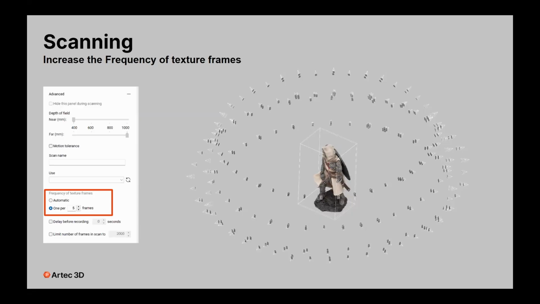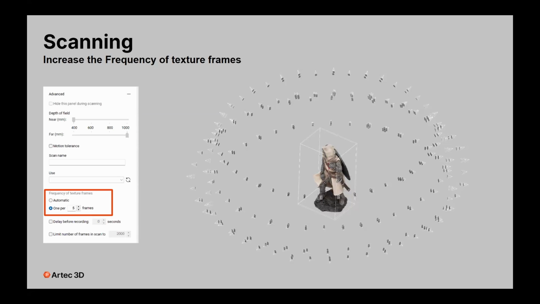I scanned this model with the Spider II. I had 15 frames per second, and I set this option to 1 per 5 frames. This means that I'm recording three texture frames each second, basically. That is actually a lot. If you're scanning small to medium objects, it's more than enough to get a really good result for the texture.